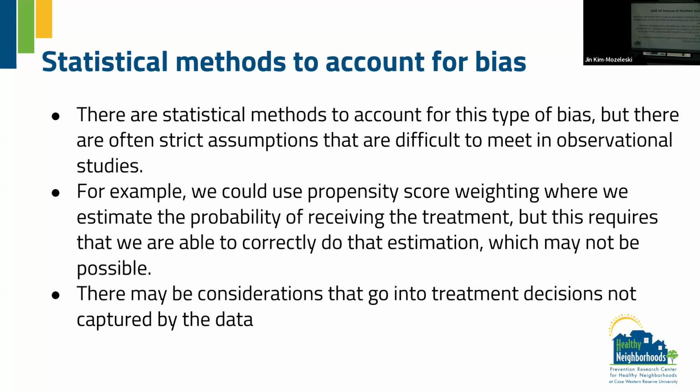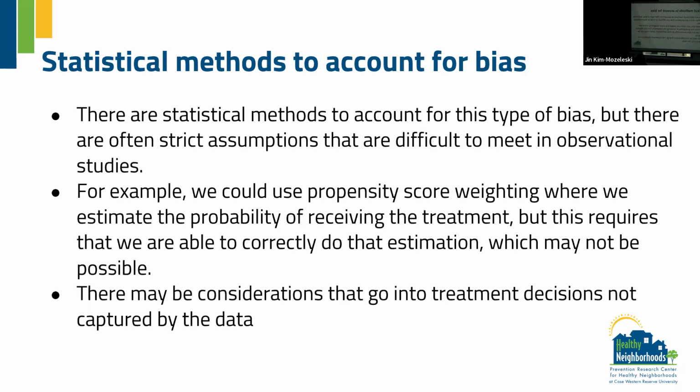You estimate the probability of receiving that treatment, but that requires that you're actually able to accurately estimate that probability, which is so unlikely because clinicians and people who are making treatment decisions don't often document every little factor that went into making that treatment decision. And without all of that data, we aren't able to accurately estimate the probability of them receiving that treatment.